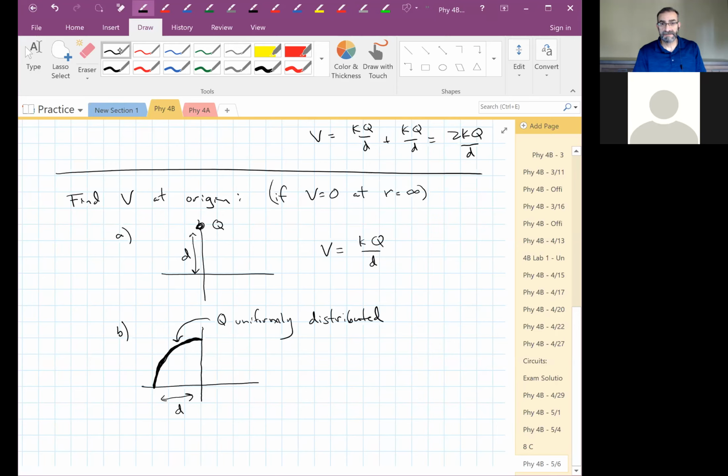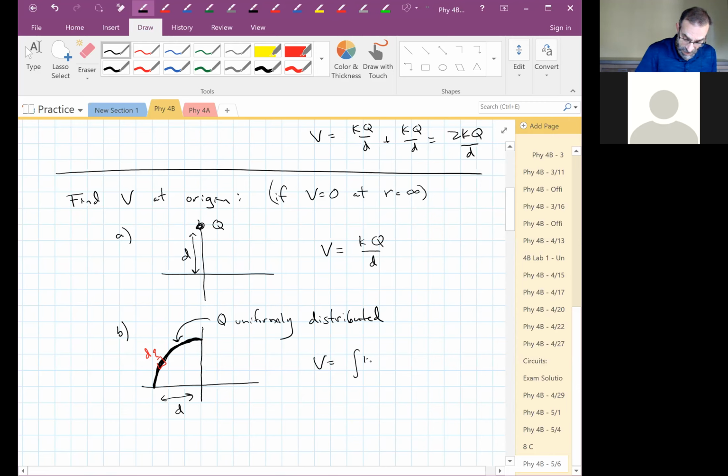Can you see that? Or do we have to work it out? Pick some little chunk, dq. Because the charge is all the same distance away from the point of interest, we're just adding it up. It's not a vector quantity. We could take it all and put it in the same place as long as it's all the same distance away. So let's work it out just to prove it to ourselves.